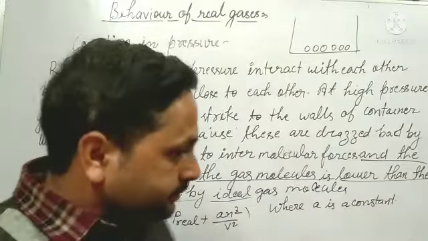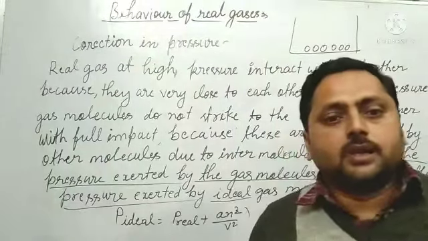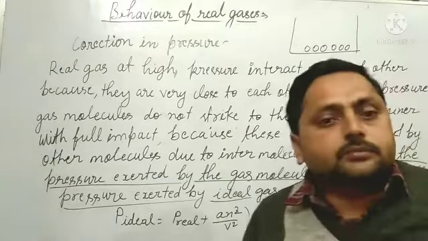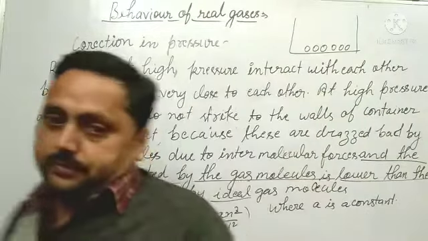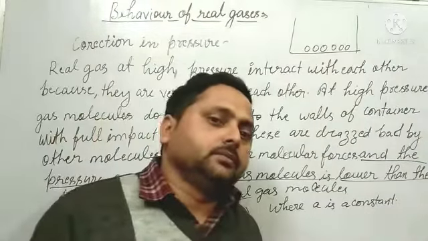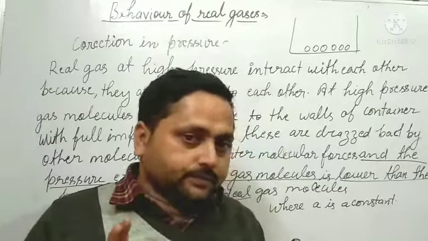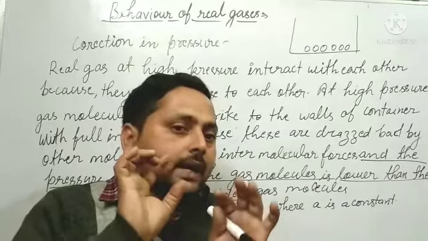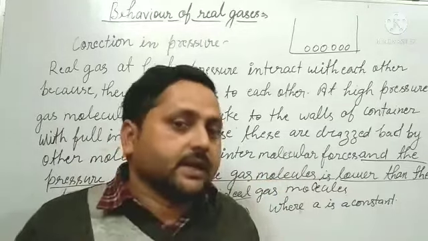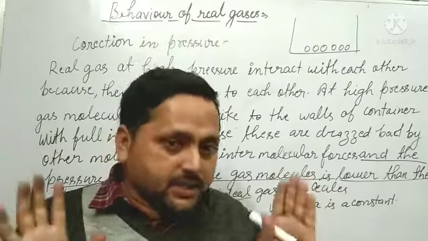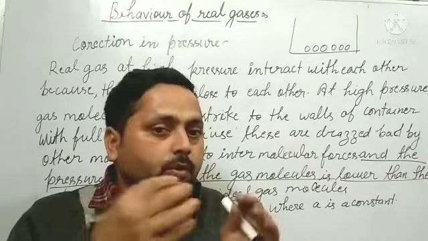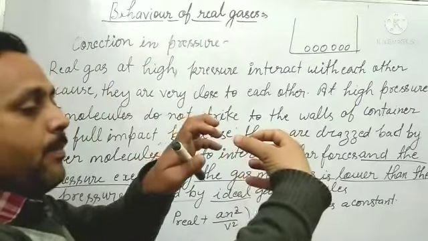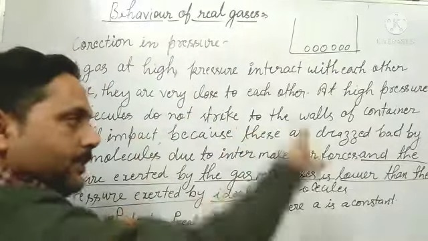What I told here: at high pressure, gaseous molecules interact with each other because they are very close to each other. At high pressure, the gaseous molecules do not strike the walls of the container at a higher speed, because the molecules are being dragged back by the previous molecule.